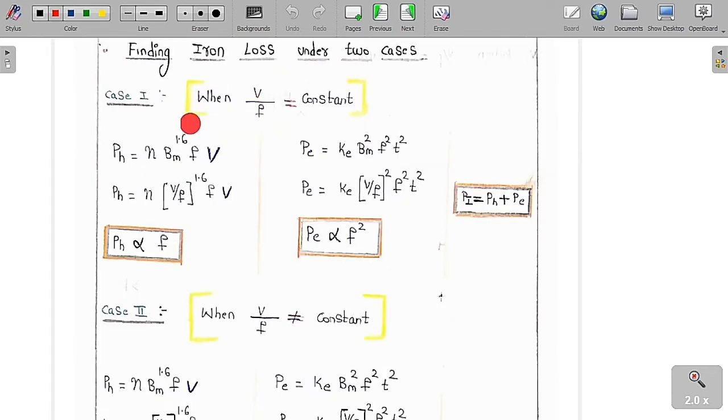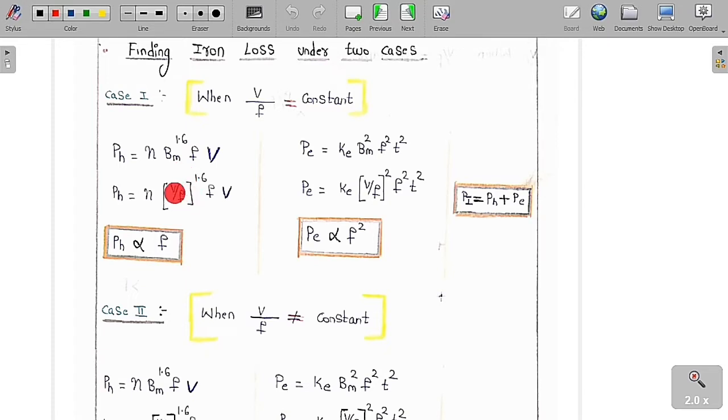So now we are going to find the iron loss under two cases. We are going to assume case 1 and case 2. Case 1: when V by F is equal to constant, when the ratio of voltage by frequency is a constant, then what is going to happen? I have already told you Bm is directly proportional to V by F. So whenever V by F is constant, Bm is also constant. I have already told you Ph is equal to eta into Bm to the power of 1.6 into F into volume of core.